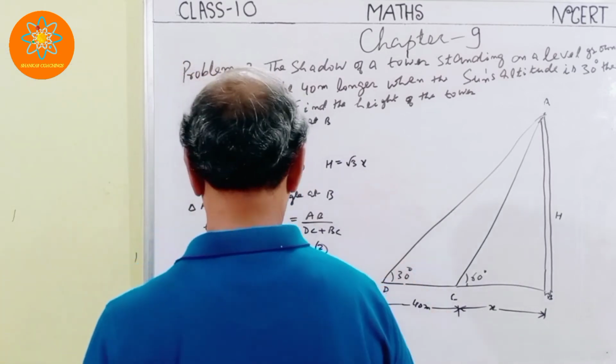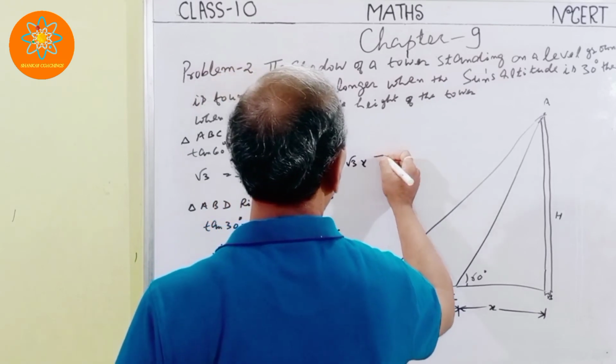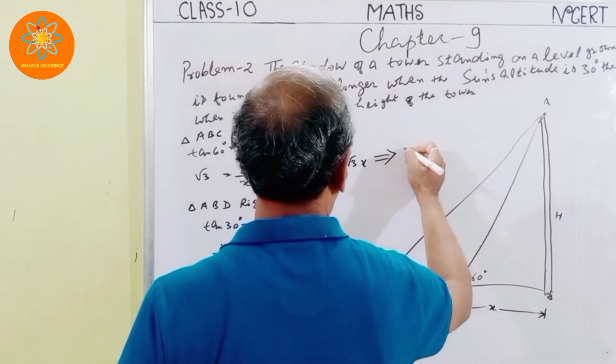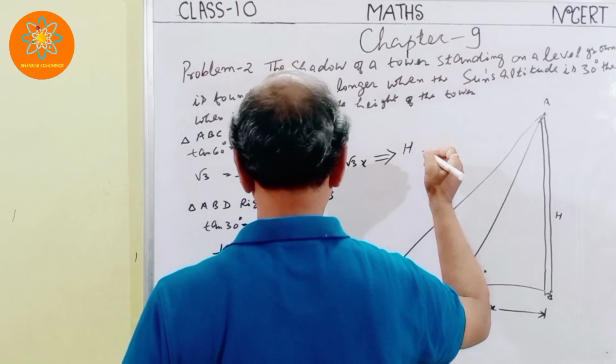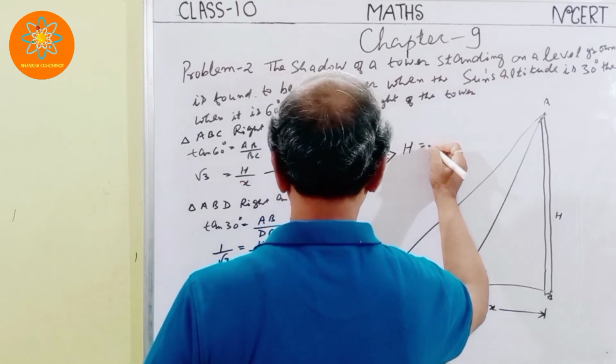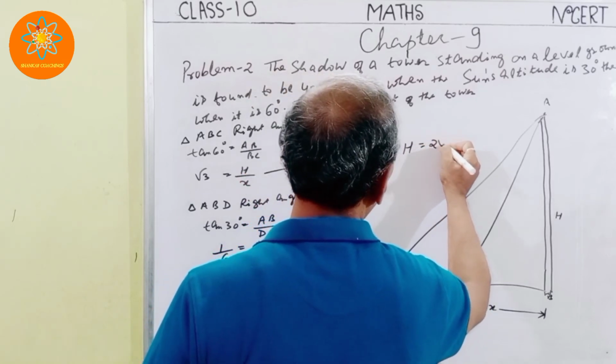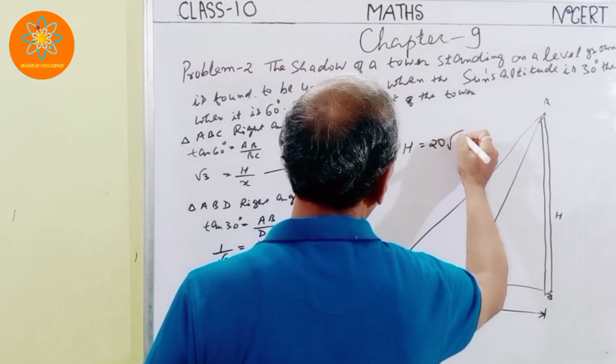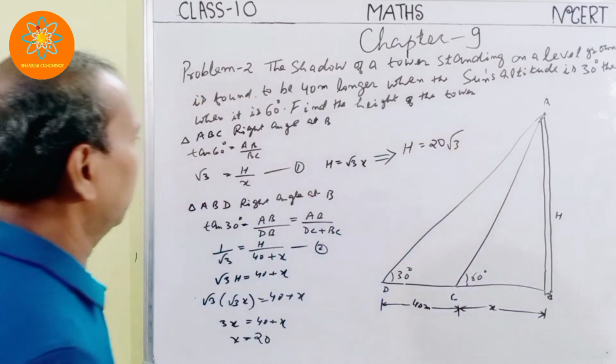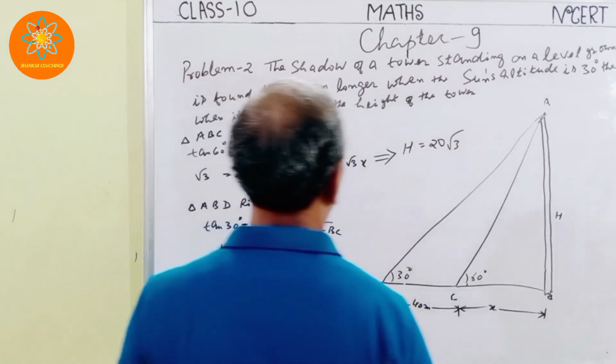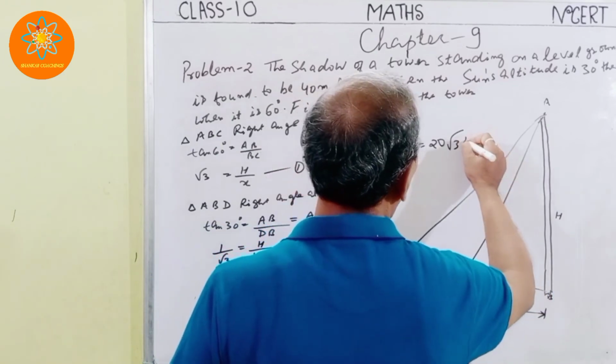So h is equal to 20 root 3, and this is the answer.